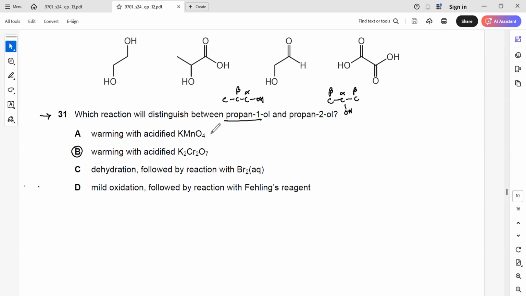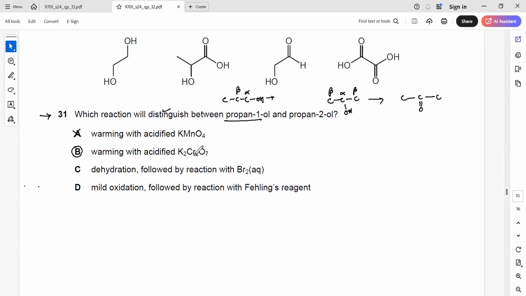As we know, it is an oxidizing agent, and the primary alcohol will oxidize to aldehyde, and this secondary alcohol will oxidize to ketone, right? So both are oxidized, and the color of KMnO4 will go from purple to colorless. It means option A is not suitable to distinguish between these two. Both will react with KMnO4, which is an oxidizing agent.